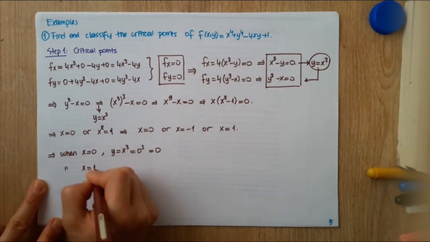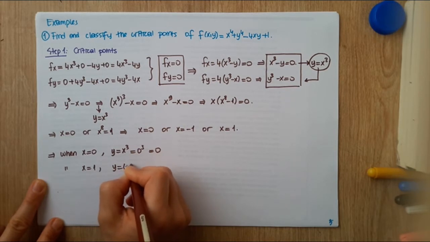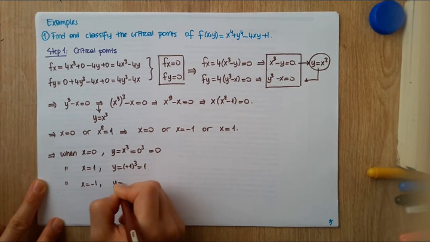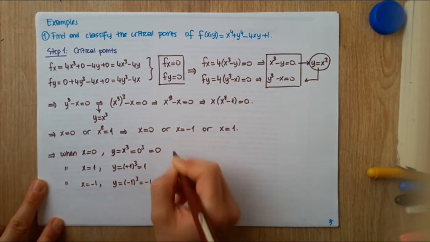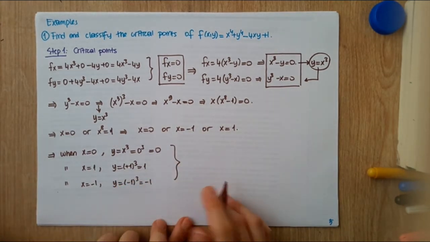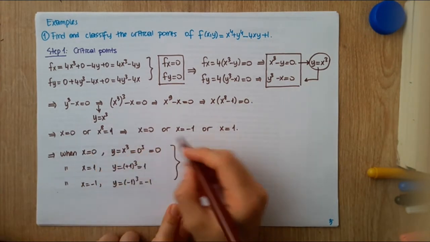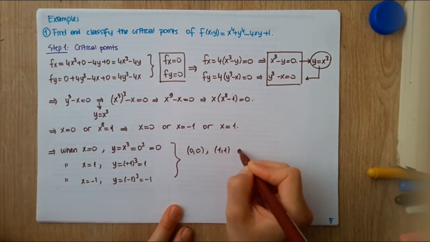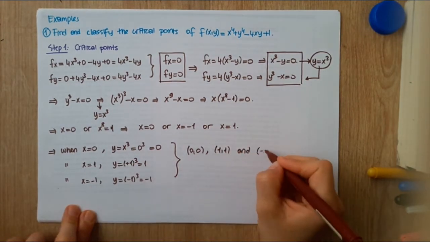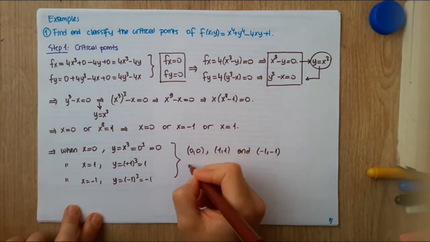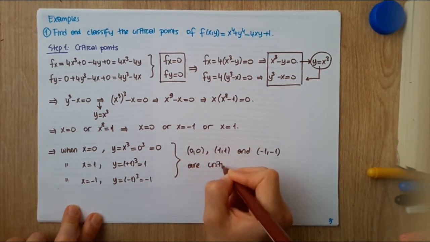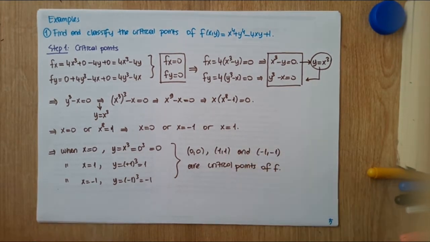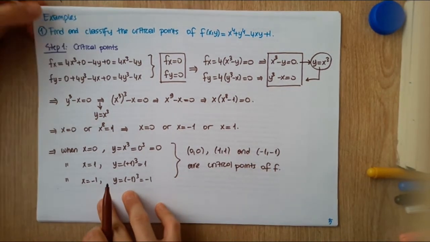When x is 1, y is 1 cubed, which is 1. And when x is minus 1, y is minus 1 cubed, which is minus 1. So we have 3 critical points. When x is 0, y is 0. When x is 1, y is 1. When x is minus 1, y is minus 1 are critical points of f.